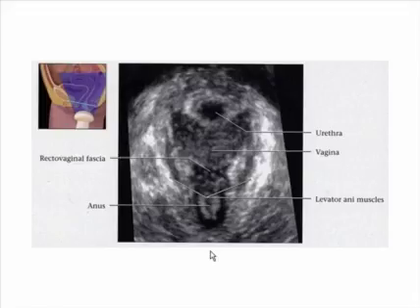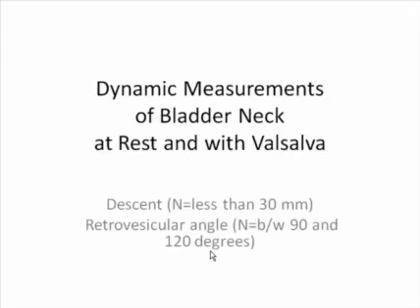This is another picture, further toward the introitus, where we depict the urethra, the vagina, which is an H-shaped structure, and the levator ani muscles, and the anus. We can see on this image the external and internal sphincters.